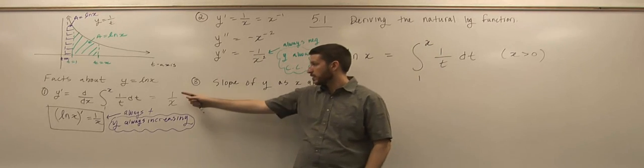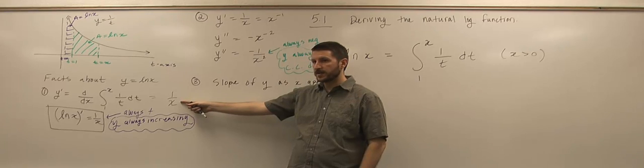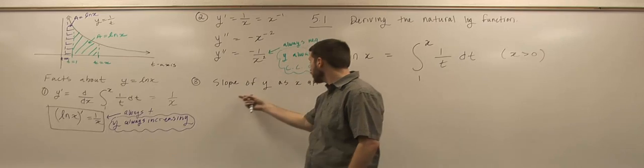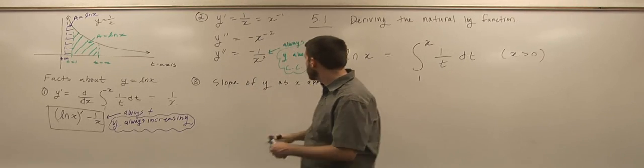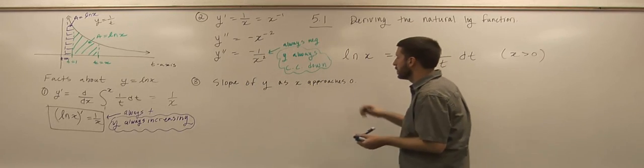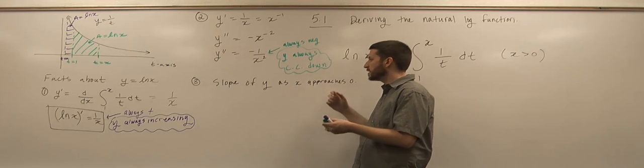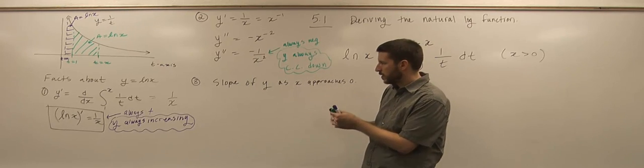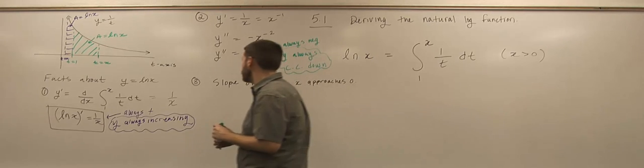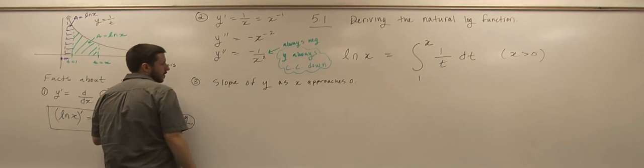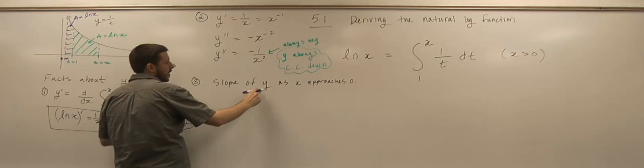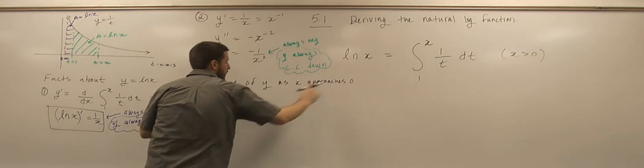Infinity. 1 over 0 is infinity. So the slope of ln x as x approaches 0 approaches infinity. So the slope of y as x approaches 0 is infinity.